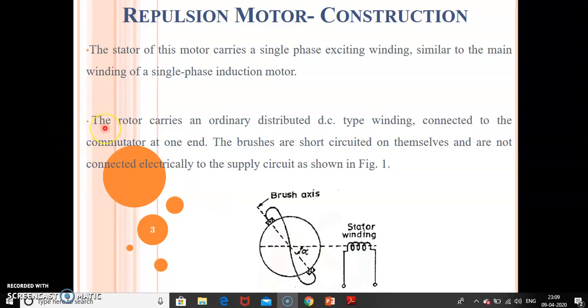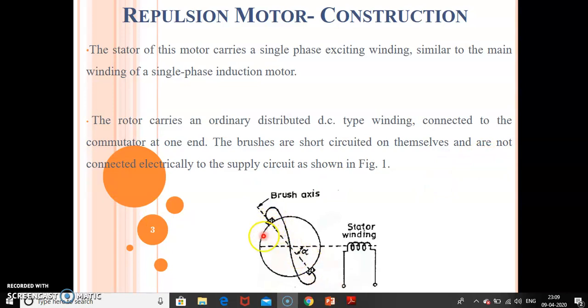The rotor carries an ordinary distributed DC winding, and this DC winding can either be a lap winding or wave winding, which is connected to the commutator at one end, and the brushes are short circuited on themselves, and the single phase supply is not electrically connected to the rotor.